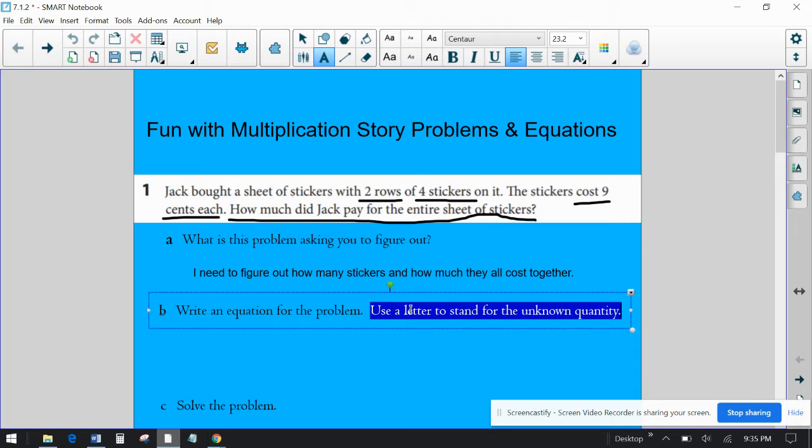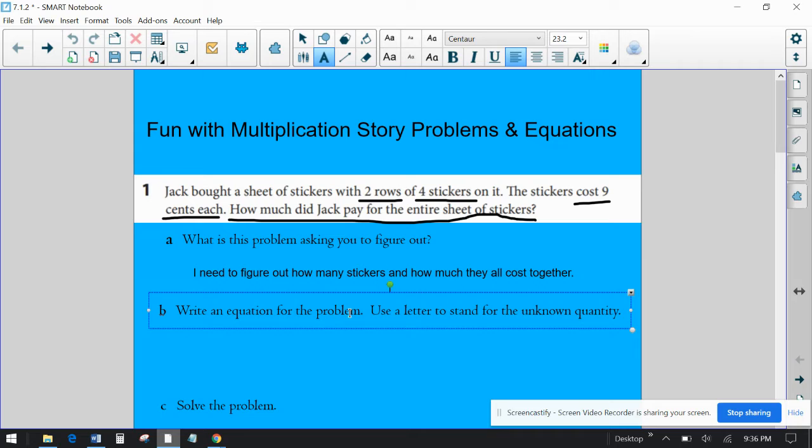So that's like a variable. Any letter will do. I try to avoid letters that look like math symbols or numbers. Like, for instance, X. I never use X as my variable. I usually try to stay away from it because it also means times. But what I do is I'll look at the unit and make the first letter of the unit my variable a lot of times.